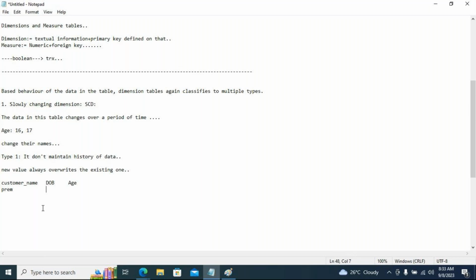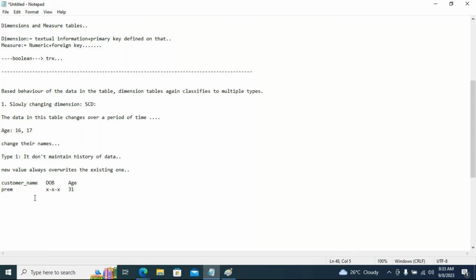His date of birth is X, X, and his age is, let's say, 30 years. When the team got a request to change the age to 31, yes, they changed it, but there is no history.